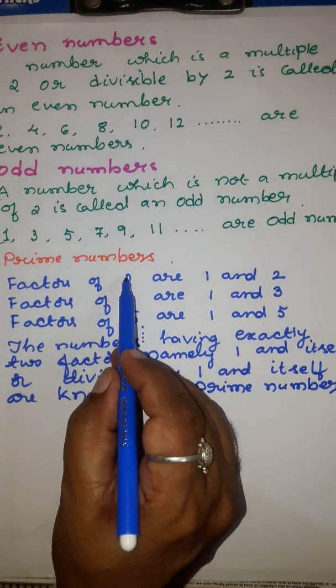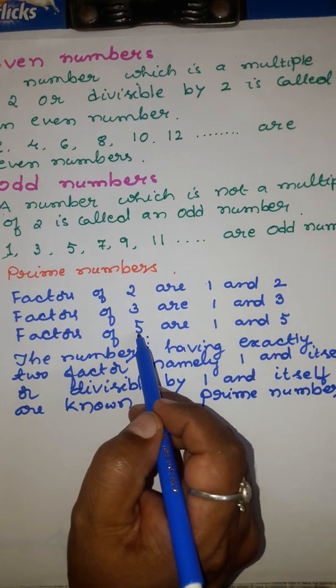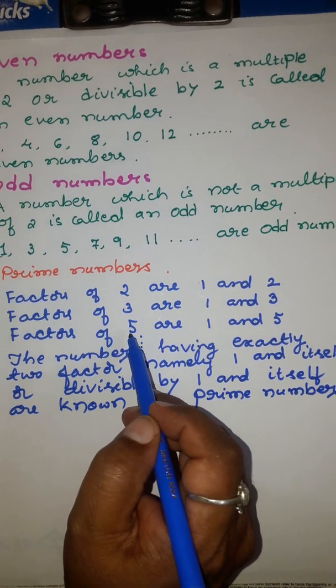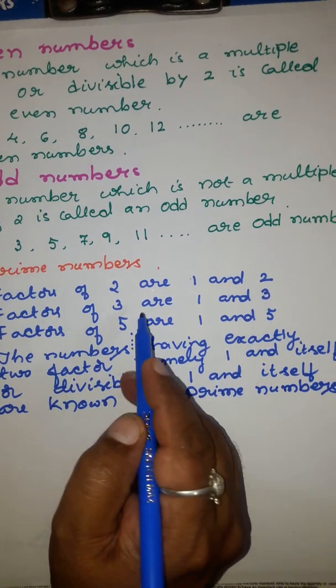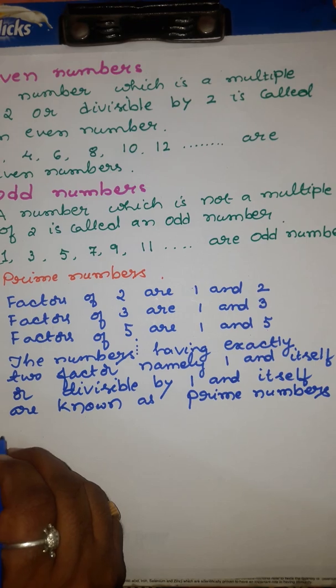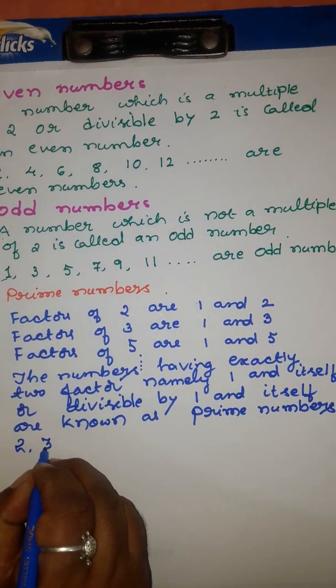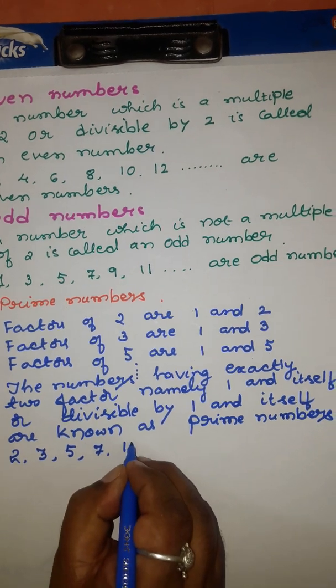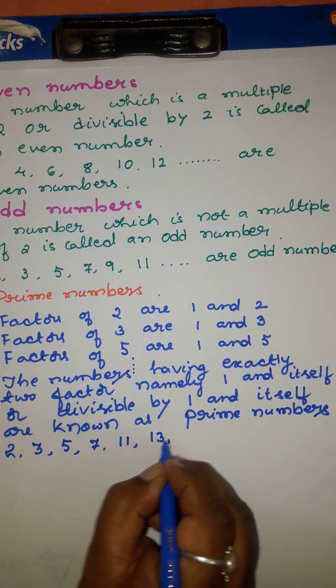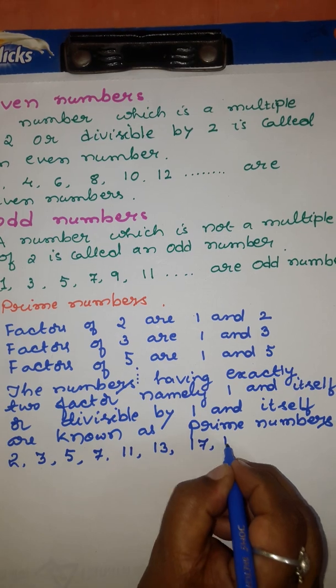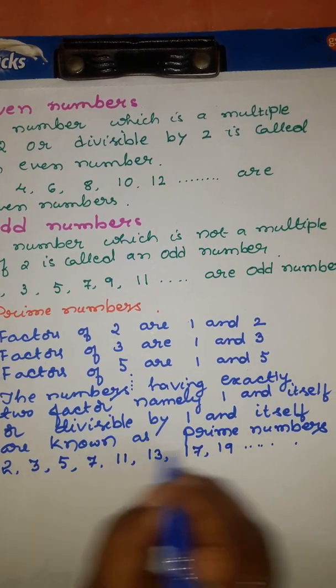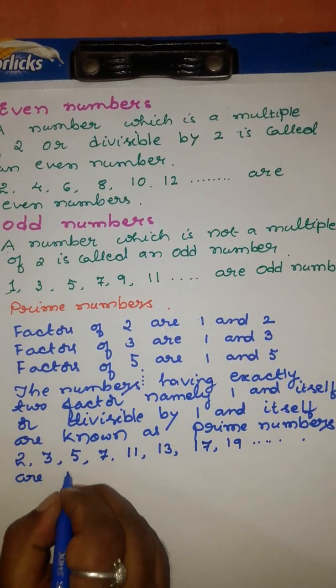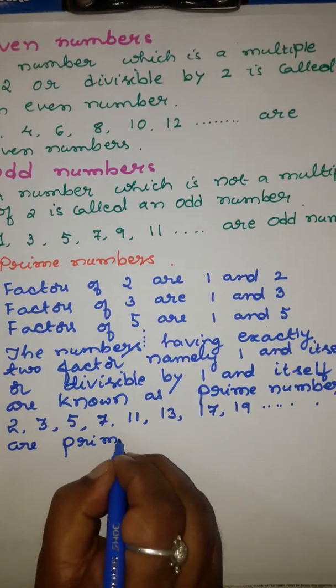Now, like 2, 3 and 5, we can generate many prime numbers. So I am going to give an example for prime numbers: 2, 3, 5, 7, 11, 13, 17, 19, dot dot dot are prime numbers.